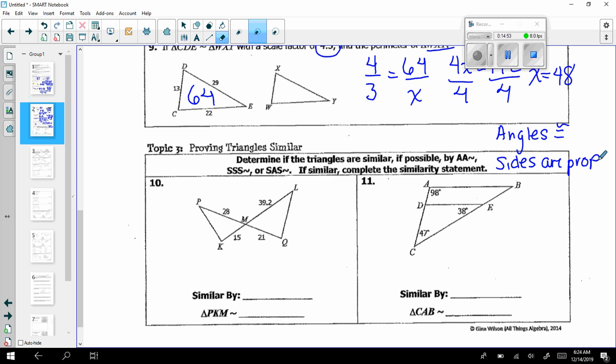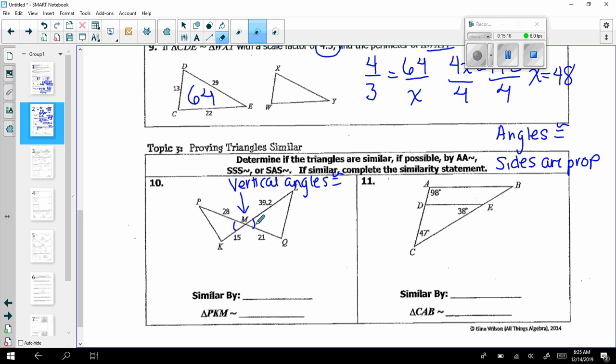Okay, so once again, first of all, these two angles are congruent. I know these are vertical angles. Okay? So those are the angles.